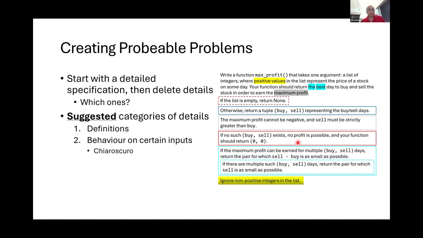Now, there's an interesting subcategory here. And many of these, in fact, all of these suggestions are actually based on us reflecting on the kinds of omissions we made when we were trying to be very clear and precise and complete in our problem specifications. One thing we realized in that self-reflection was many times in the problem specification, we highlight what the code should do in specific cases. So I'd like you to think that we're kind of shining a torchlight on positive values in this case.